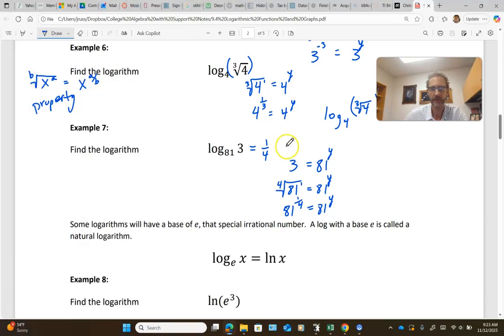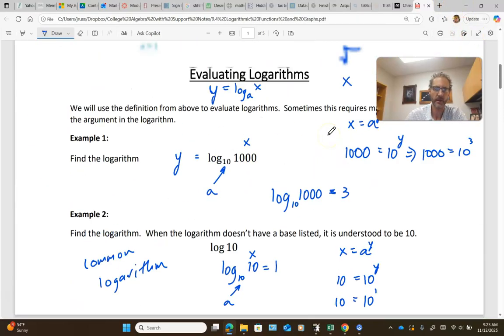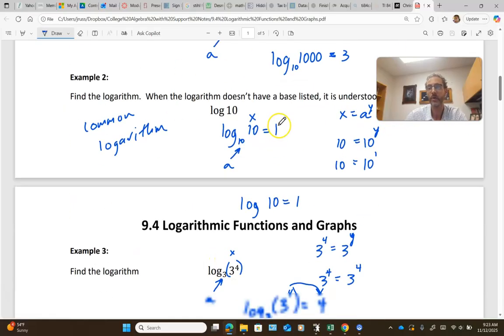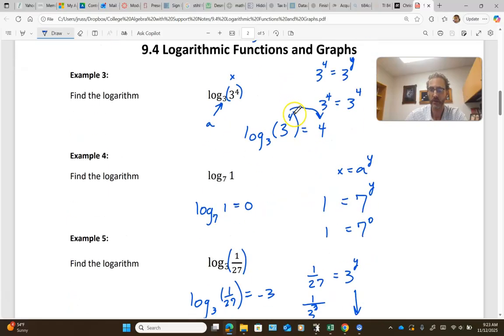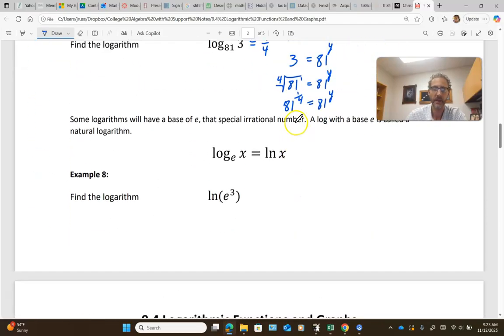So anyway, all right. Well, now let's talk about another logarithm. We talked about this common logarithm at the beginning, and how anytime you saw this log without a base written, it was understood to be 10. Well, there's another logarithm where the base is typically not written. And it's this one here, log base e.